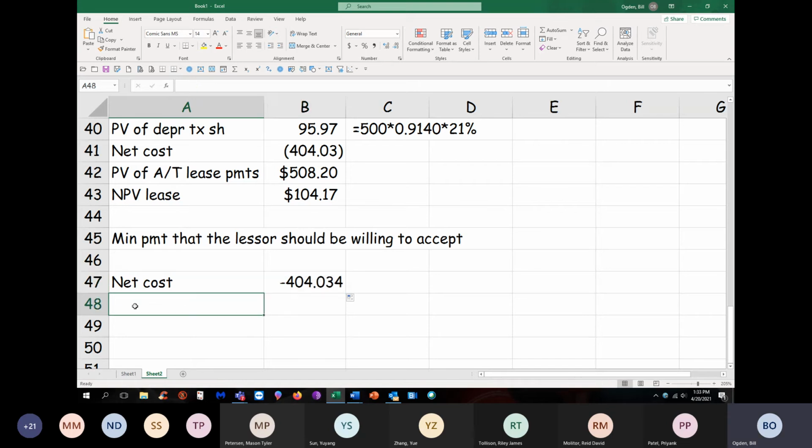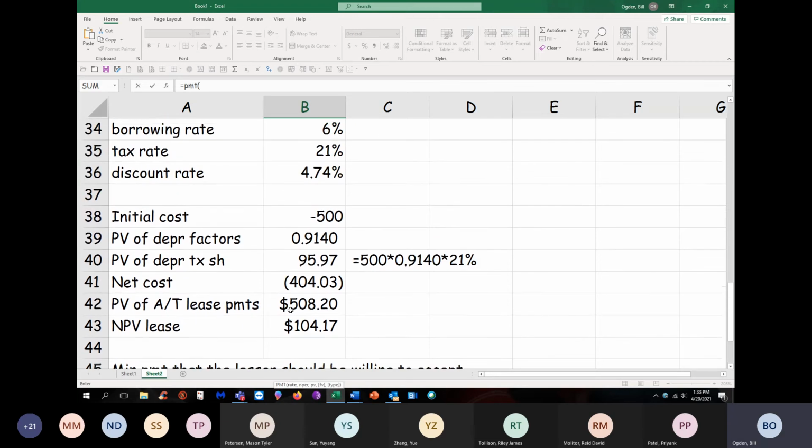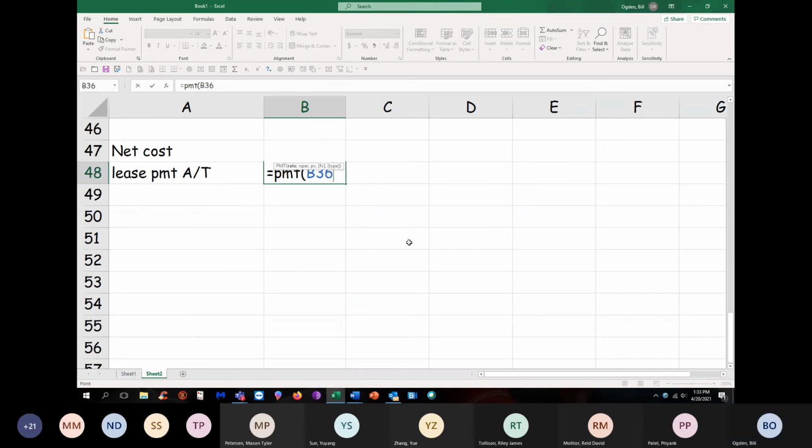Okay. Now we'll convert that to a payment. So this would be the lease payment after tax. All right. So we're going to calculate payment, and then the rate. That would be the discount rate for the lessor.